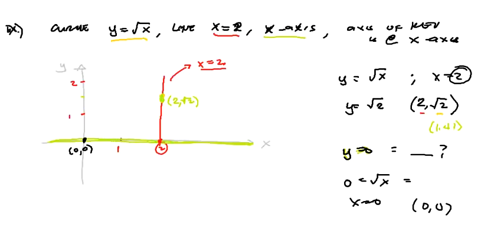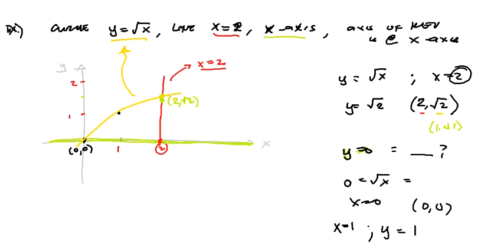So if x is equal to 1, our y is equal to square root of 1, which is just 1. So we have 1, 1. Okay, so we have this graph. So that is y is equal to square root of x now.